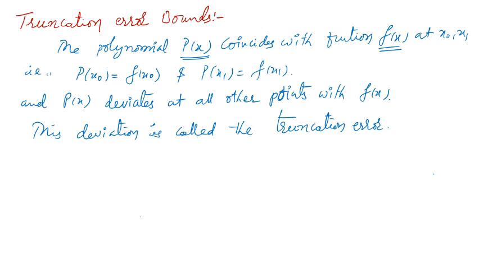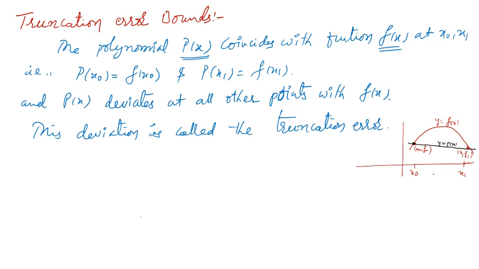For your idea I will show this. Previously we have drawn one graph. This is the function y equal to f of x, the original curve, and x0 I have taken here, and x1 I have taken here. This is the point x0, f0, and this is the point x1, f1. Then join these two points. Linear interpolation means a straight line. This is the curve y equal to p of x.